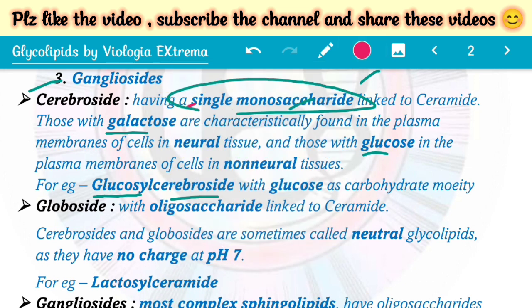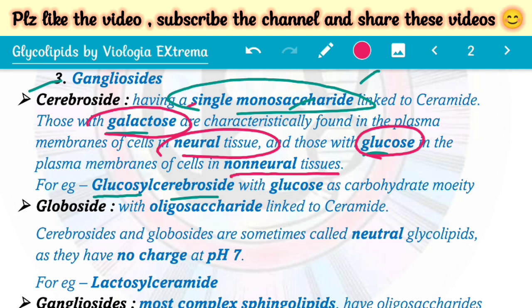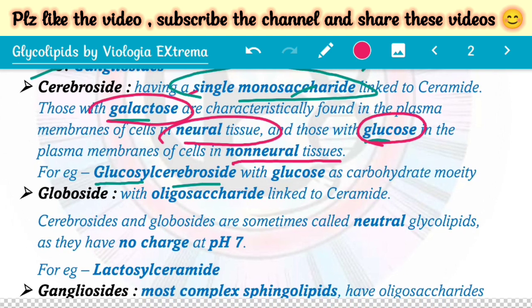One important difference is that galactosyl cerebrosides are more found in the membranes of neural tissue, neurons basically. Glucosyl cerebrosides are found in non-neural tissues. So this is an important distinction.